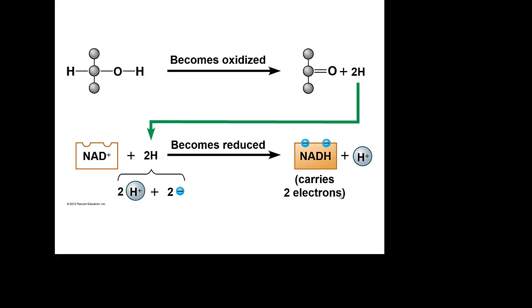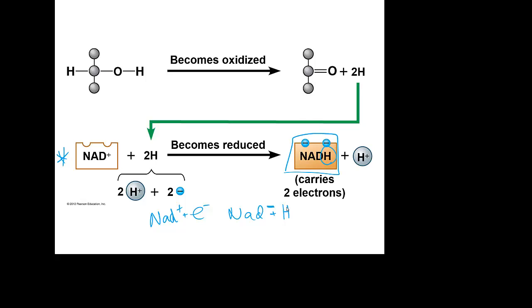So it's going to pick up electrons. Here's our NAD+. Pick up electrons. When it picks up electrons, it becomes reduced, the charge goes down, it becomes NADH. Why this H? We said if you add electrons, now NAD has a negative charge, it wants to pick up hydrogens.